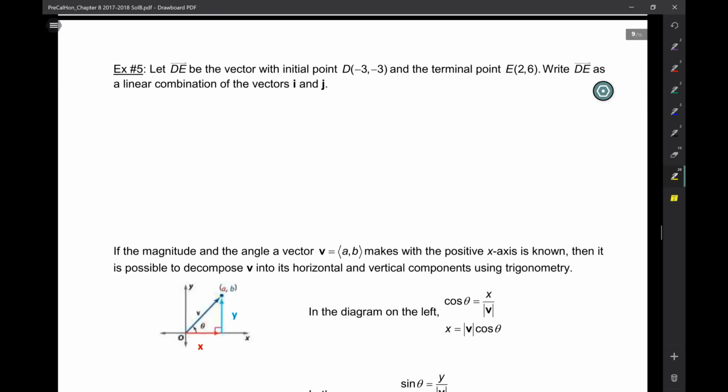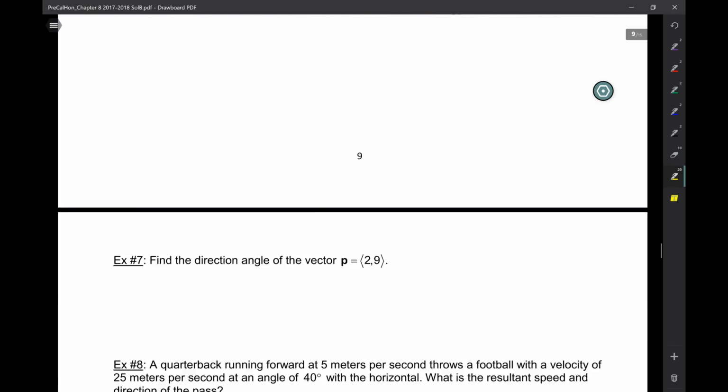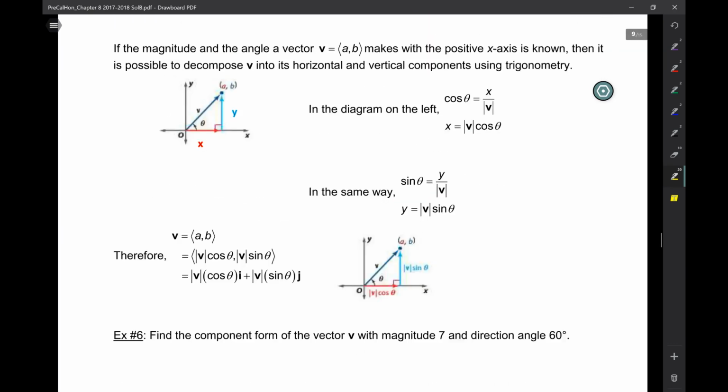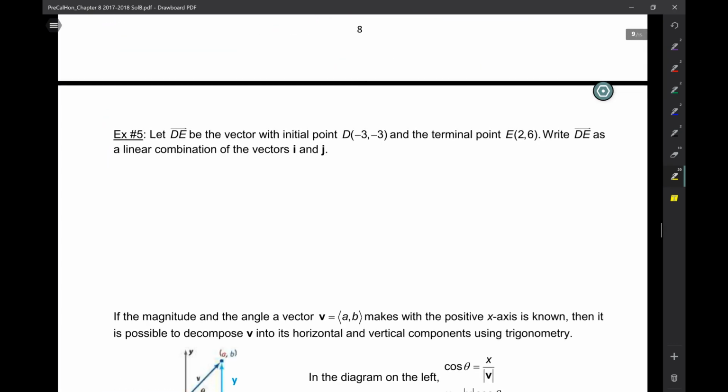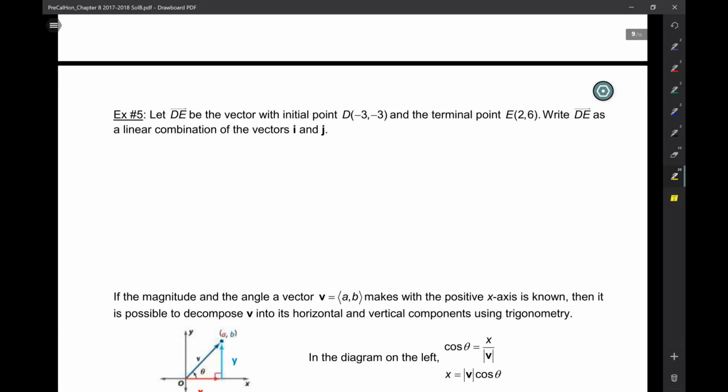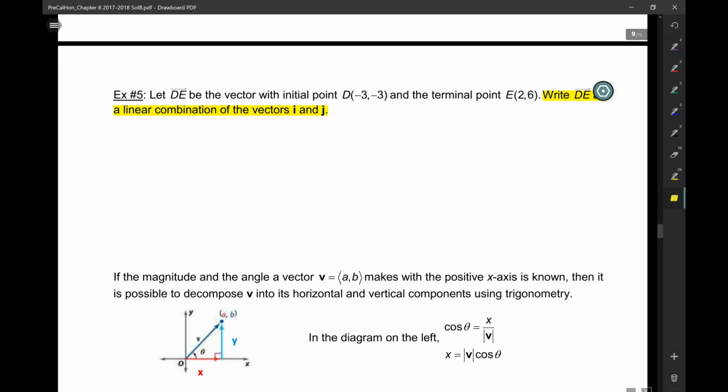Another way to represent these terminal points: let's write DE as a linear combination of vectors I, J. So here's what we're going to do. Let's write DE in component form.